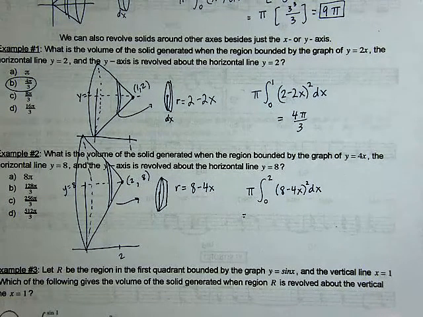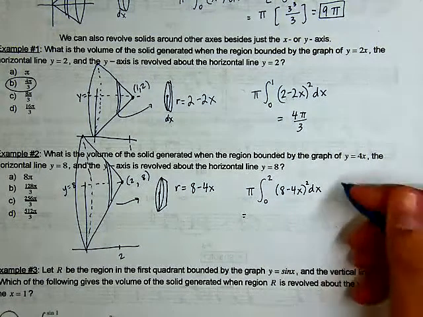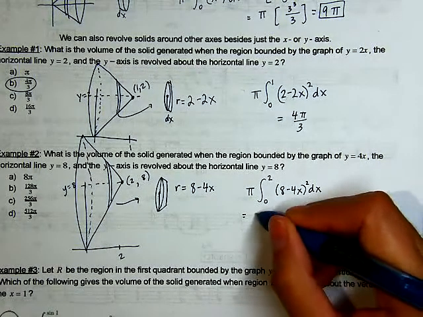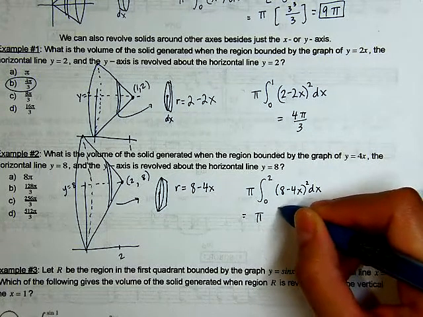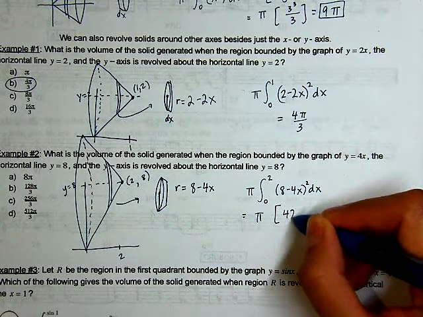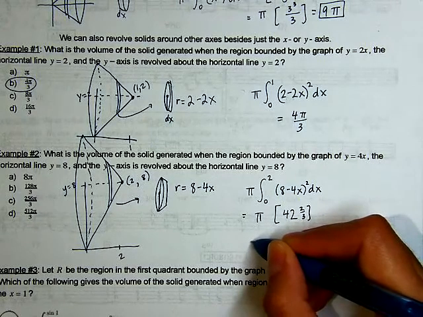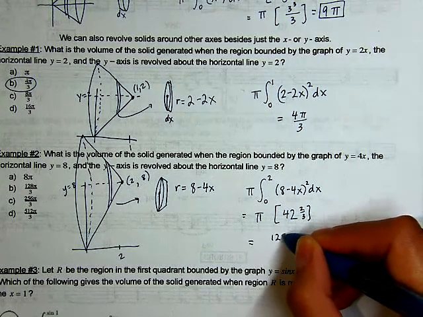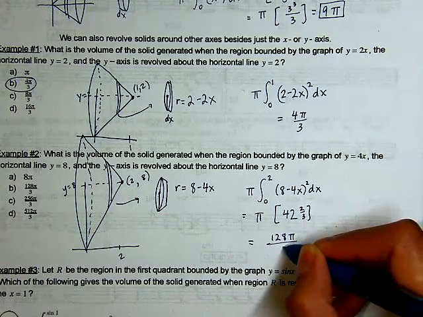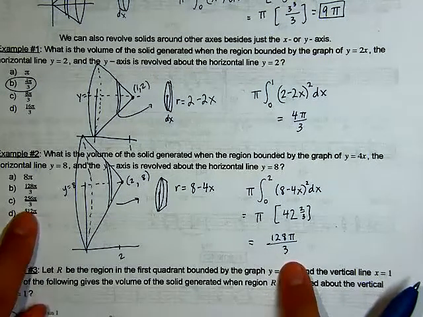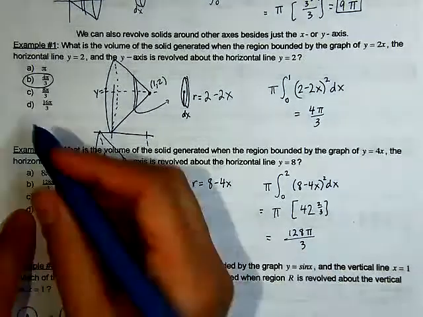Similar to before, you can go ahead and practice your U-substitution if you'd like to pause here. And when you finish doing U-substitution, this should become 42 2/3. Which, if you turn it into an improper fraction, you'll notice that you do get answer B.